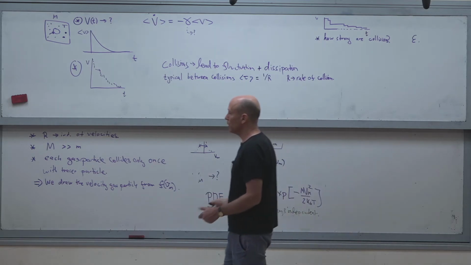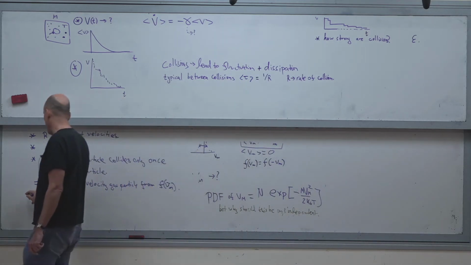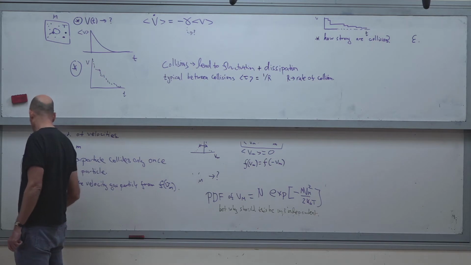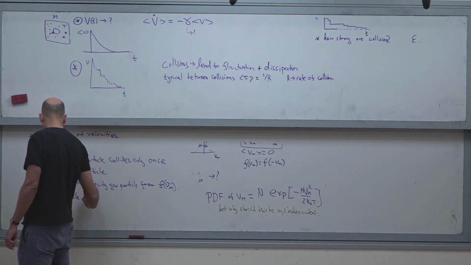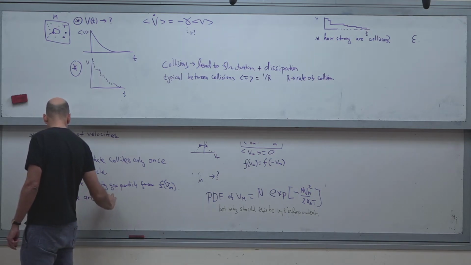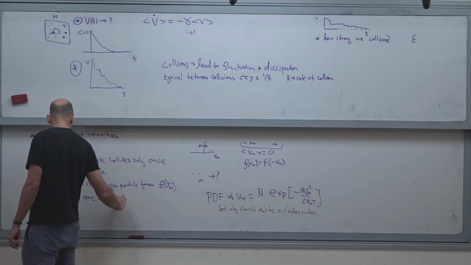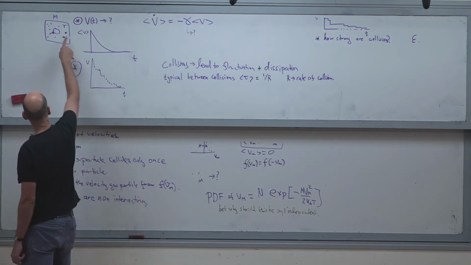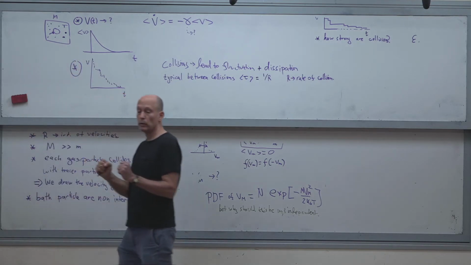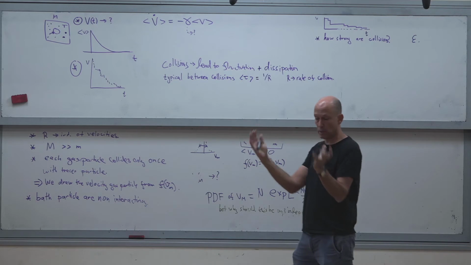We also assume in some sense that the bath particles are non-interacting. So I'm neglecting collisions between the gas particles. If they are very small, they don't see each other, they see the big particle.